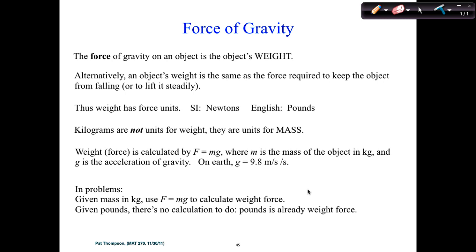But if you're given pounds, you don't do an mg calculation because pounds is already weight. It's already force. Does that make sense? Okay, so that's an overview of pounds versus mass, and weight is the force of gravity.